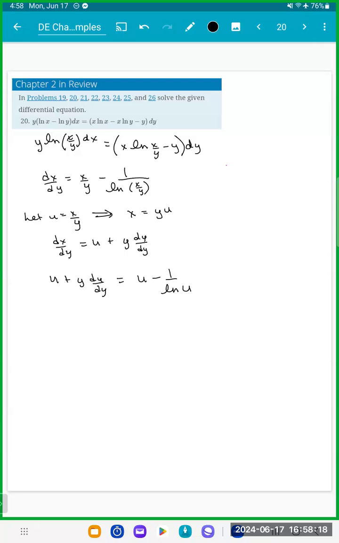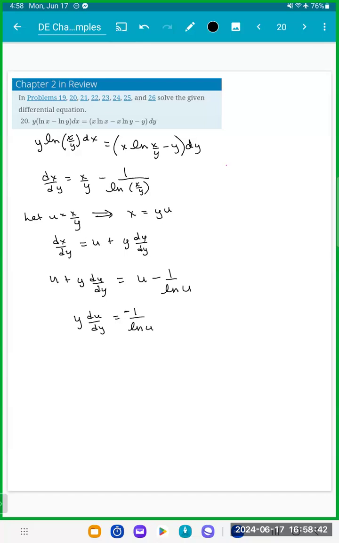So now we can simplify a little bit more. We have y du/dy is equal to negative 1 over ln of u. If we subtract a u from both sides, you see how the u's go away.